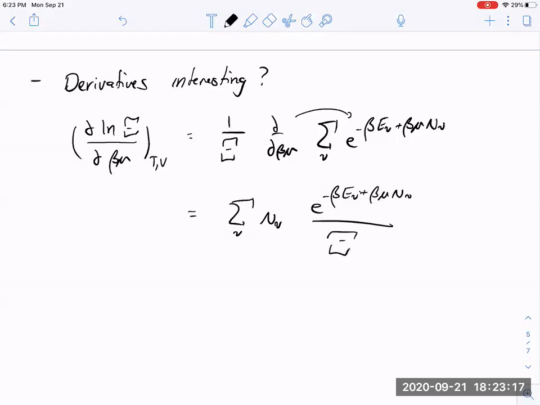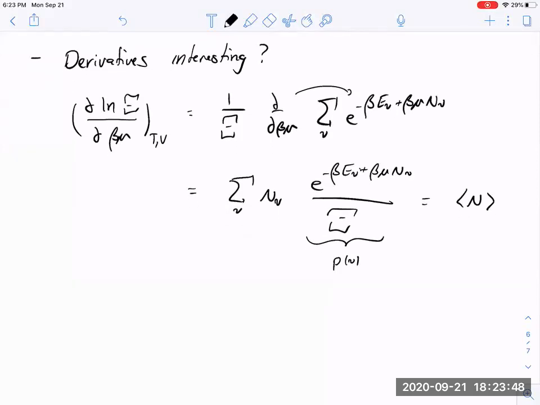That is nothing more than the averaging operation. The probability of the microstate is just this. So if I sum over all possible outcomes, the probability of that outcome, that is the averaging operation. In this case, the average is taken of the number of particles. So we take one derivative of this partition function and we get back the average number of particles in the system.